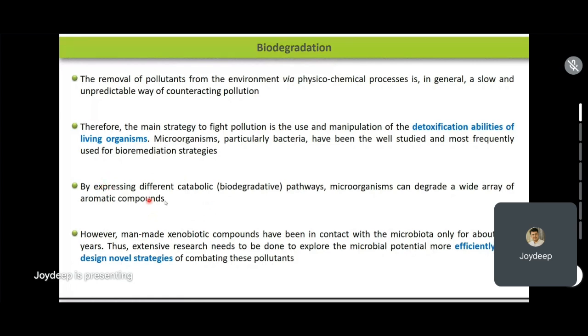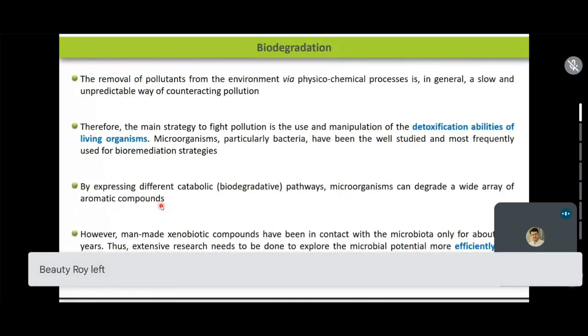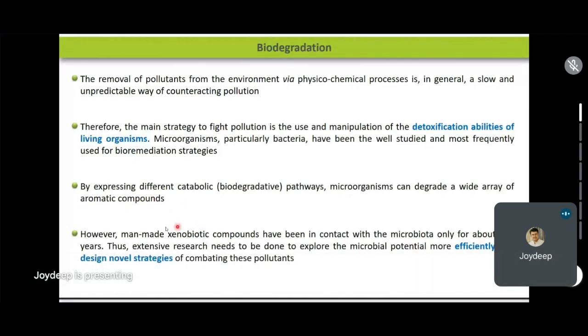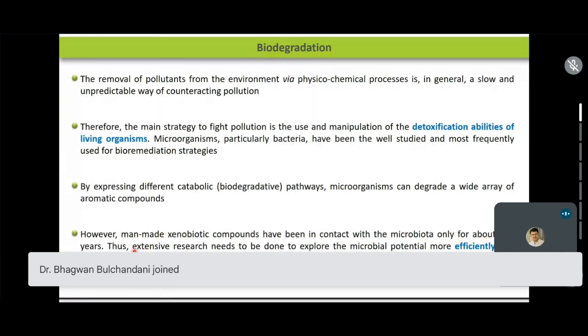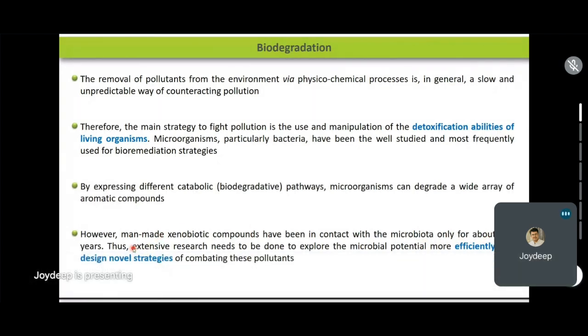And by expressing different catabolic pathways, microorganisms can degrade a wide array of aromatic compounds. So many compounds have been studied so far. However, these xenobiotic compounds, or man-made or synthetic compounds, have been in contact with the microbiota only for about 100 years. We all know that evolution has been occurring for millions of years, right? And microbes also have been there since the very beginning, and they have been evolving a lot.